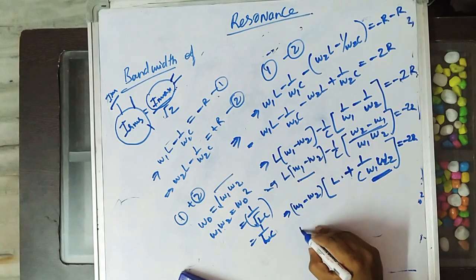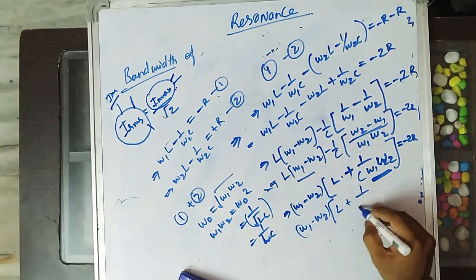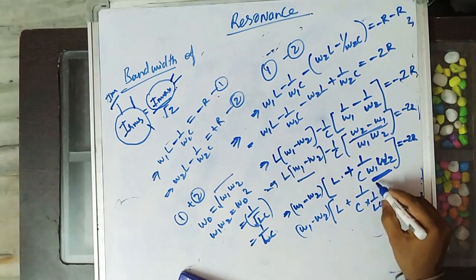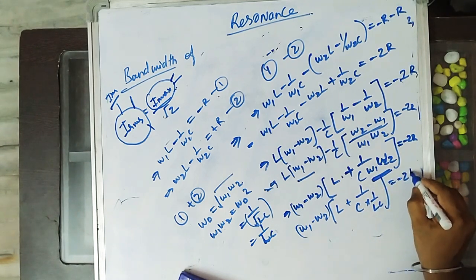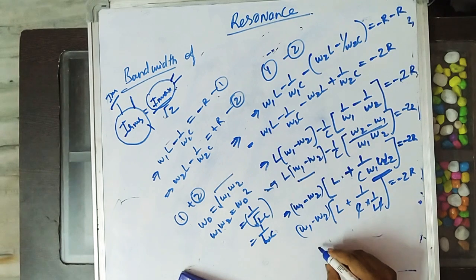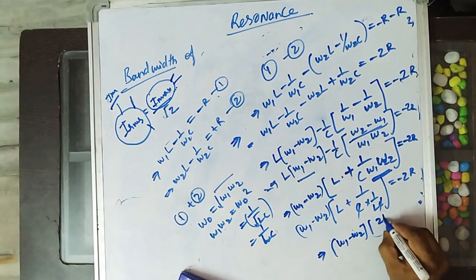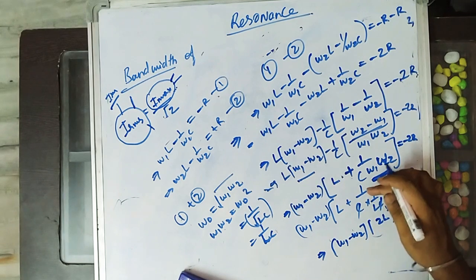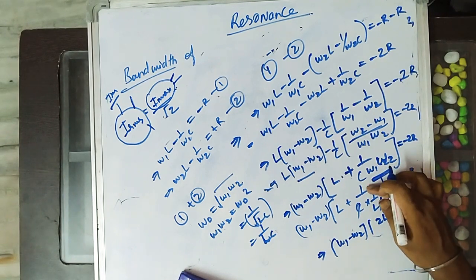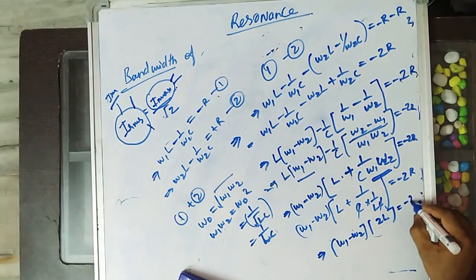Substitute that here. L plus 1 by C into 1 by LC equal to minus 2R. C cancelled. Then you will get omega 1 minus omega 2 into 2L. So this L will go to the numerator and this will become minus 2R.